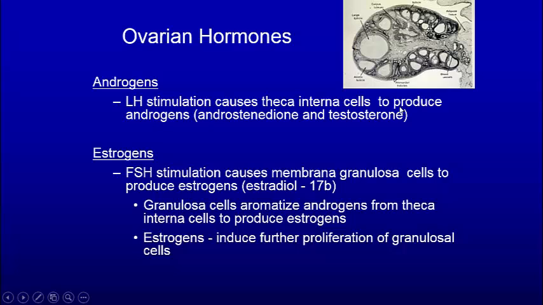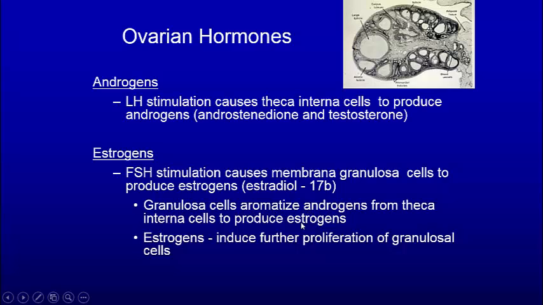That's the theca interna cells. And then FSH causes the membrane granulosa cells to produce estrogens. So these cells aromatize the androgens. One cell produces androgen, the other cell uses that to aromatize it to make estrogen.